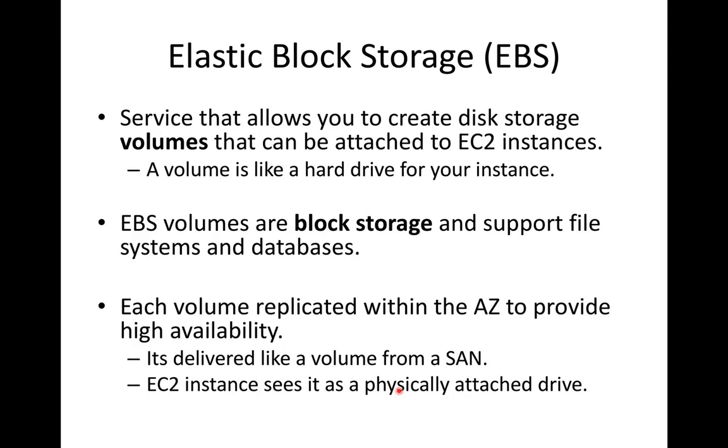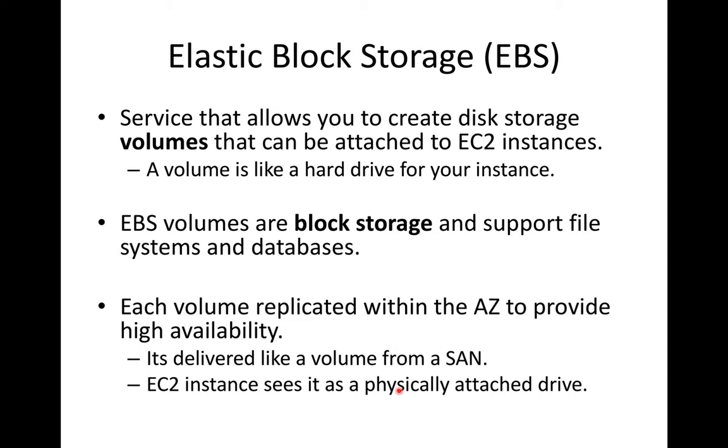When you create an EC2 instance, you can create disk storage volumes that are attached to the EC2 instance using Elastic Block Storage. Elastic Block Storage, or EBS, you can think of like a hard drive, basically. It's a storage volume that's attached to your EC2 instance.